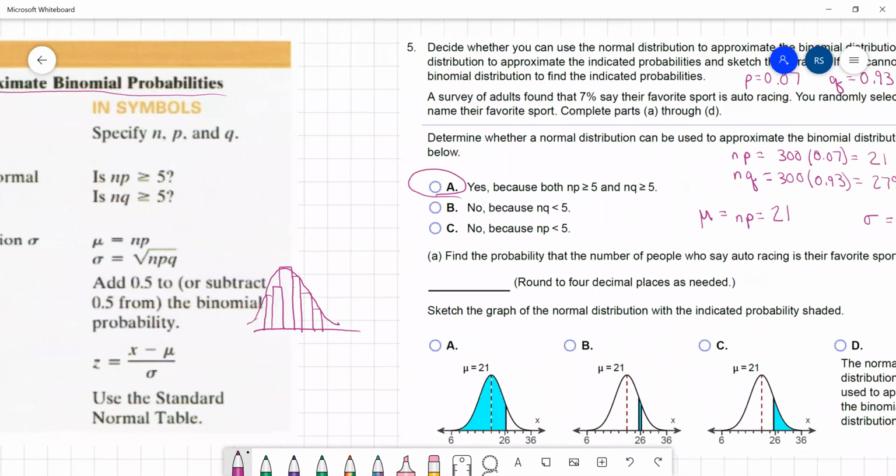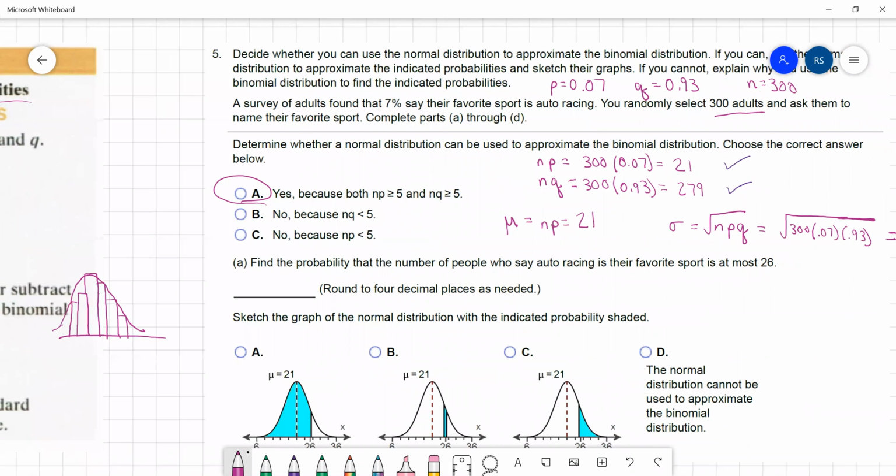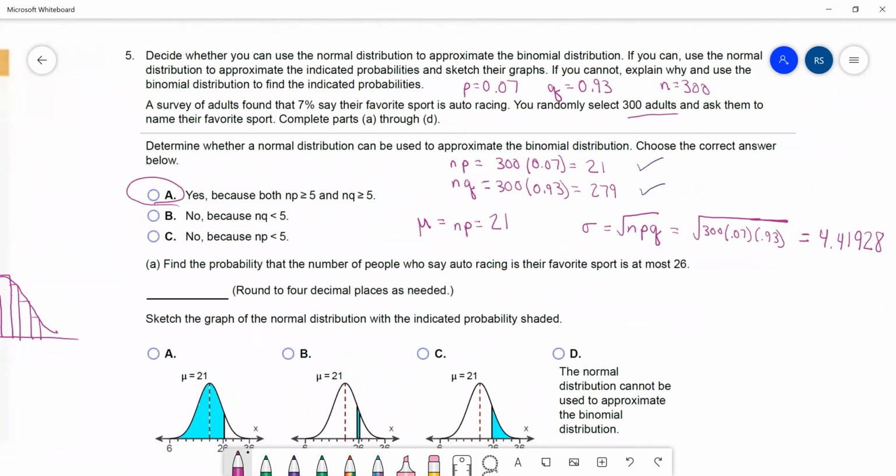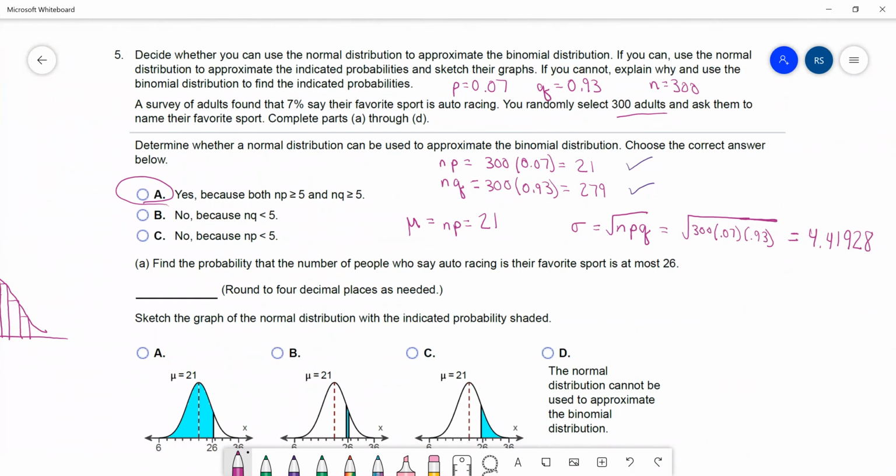So to do that, we got to read our question, see what our question's asking. Okay, find the probability that the number of people who say auto racing is their favorite sport is at most 26.